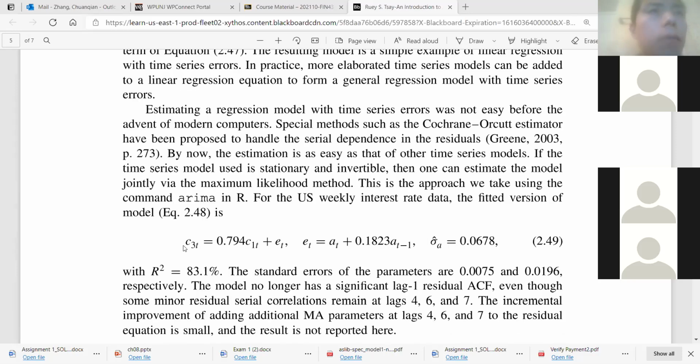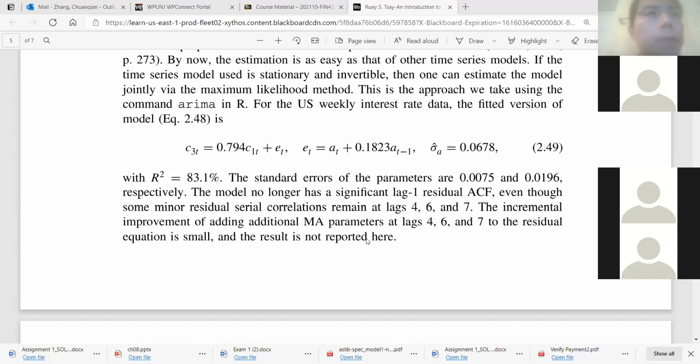So in R after regression, they found that they include another model to describe the residual movements, and you will find the coefficient is not much changed. Previously I think it was 0.792, and now it's 0.94, right? The residual term equals the daily shock times a coefficient plus the previous shock, and we can see this is stationary because it's less than 1. Again, they improved the R square a little bit, almost unchanged.